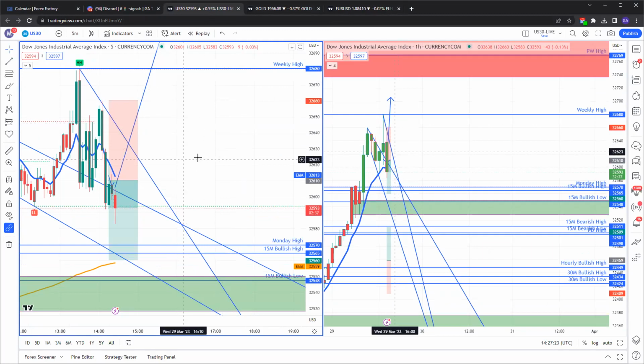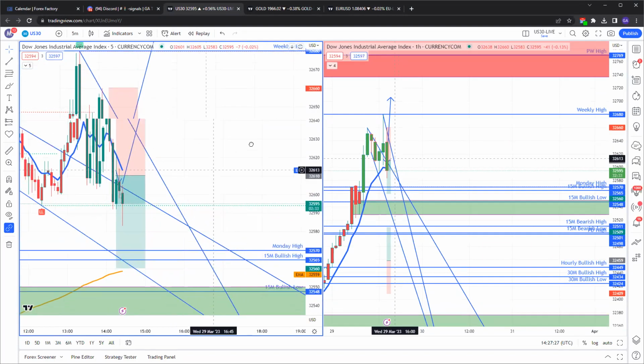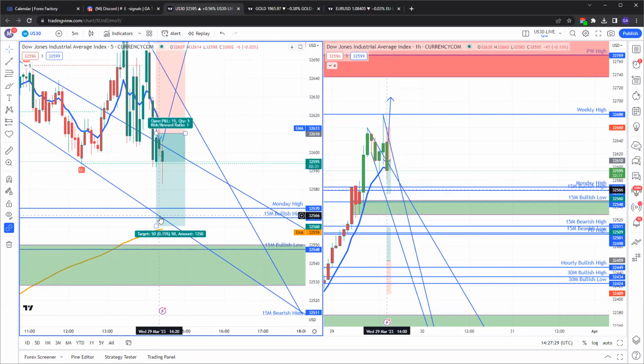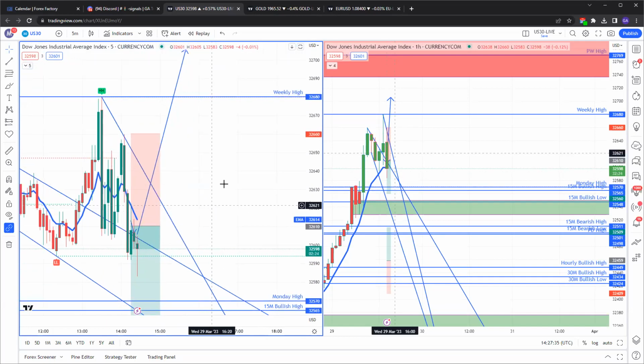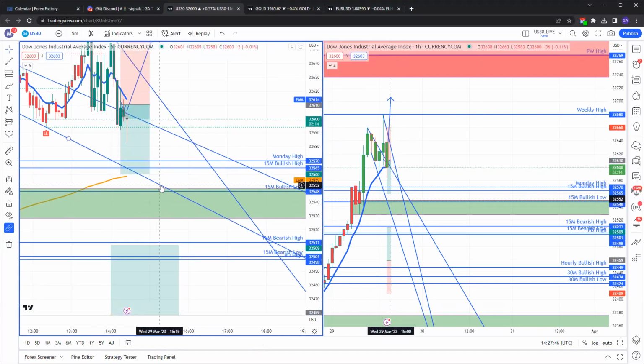And this might be the only trades that we get today, because if US 30 comes down here, even to this zone, at the very least, maybe it will go up for 10 or 20 pips, but I do see everything turning to bearish. So I'm not sure if it's worth catching the buy on US 30 here. Maybe it's better to catch it in this demand zone.